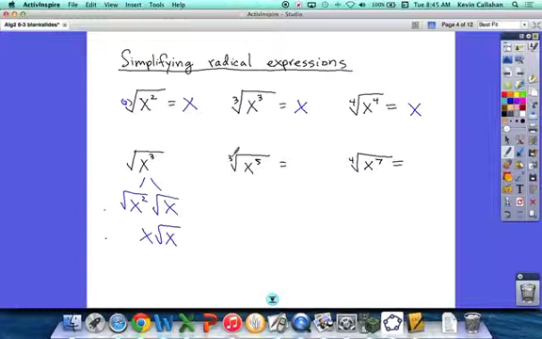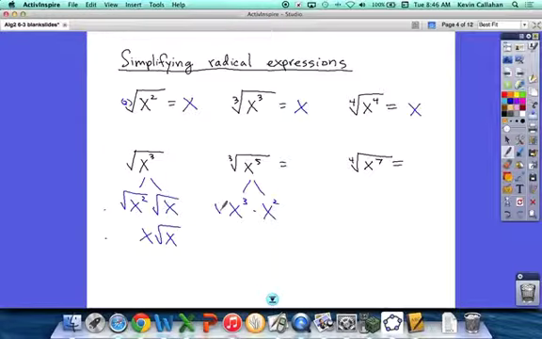So you say, what's the first number less than 5 that's divisible by 3? 3. So make this x to the third times x squared. By the properties of exponents, x to the fifth is x to the third times x squared.